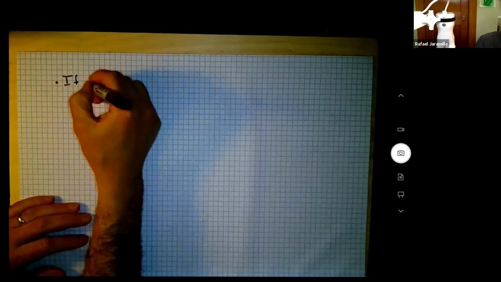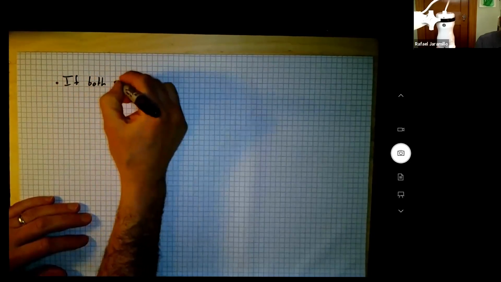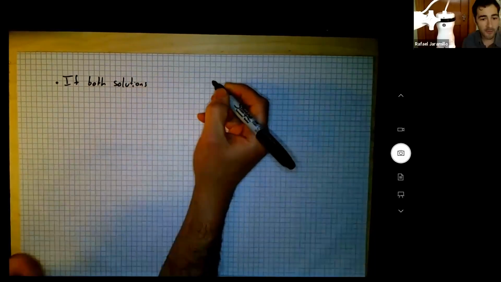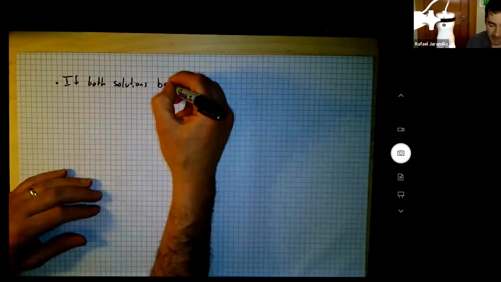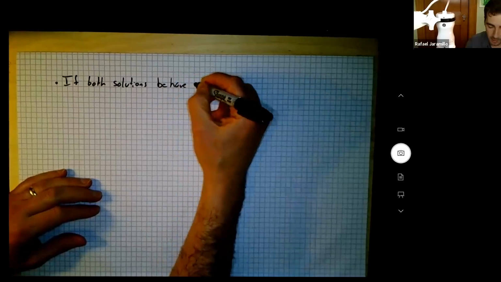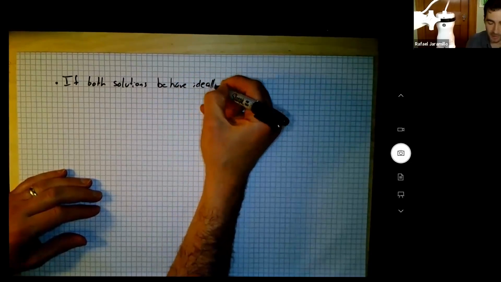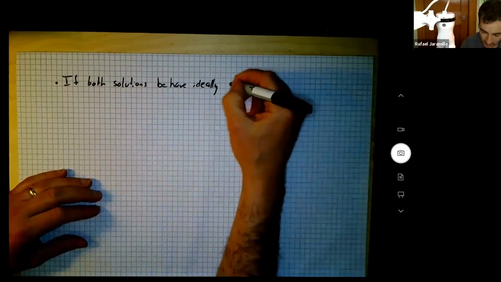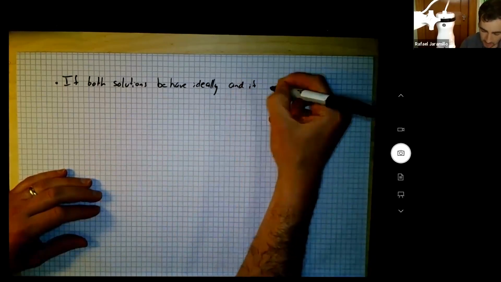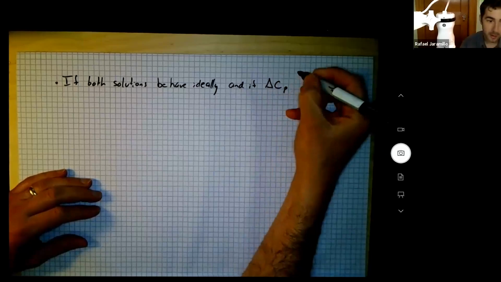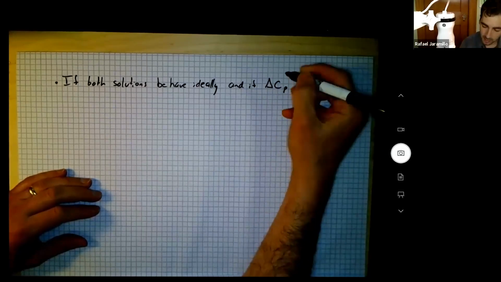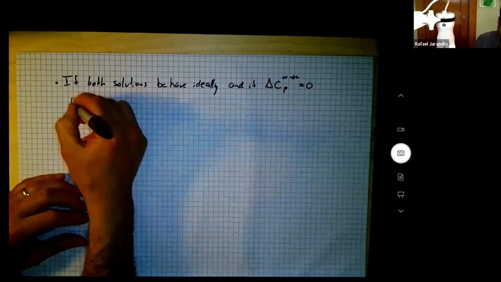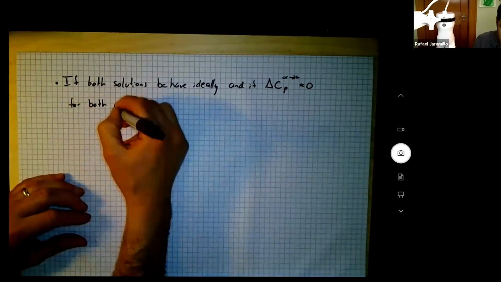So we have two solution models here, right? Alpha and liquid. If both solutions behave ideally, which is not realistic, but it's a nice model, and if the heat capacity difference is approximately 0 for both pure components.